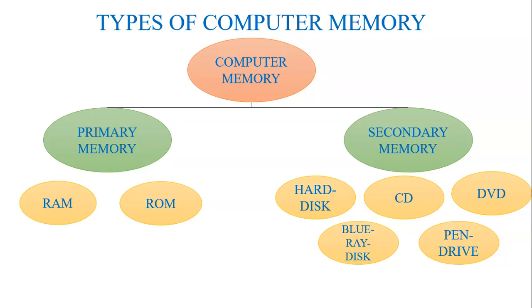Then tell me which secondary memories are there on the screen now. Yes, Ashok, tell me. Hard disk. Yes. So hard disk, CD, DVD, Blu-ray disc and pen drive. These are some of the secondary memories which we will be studying.